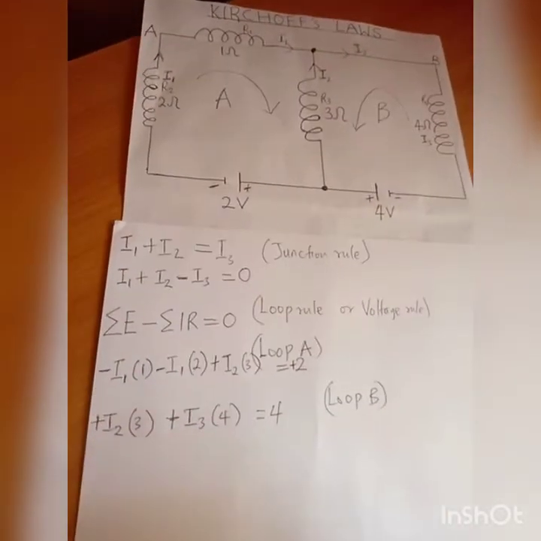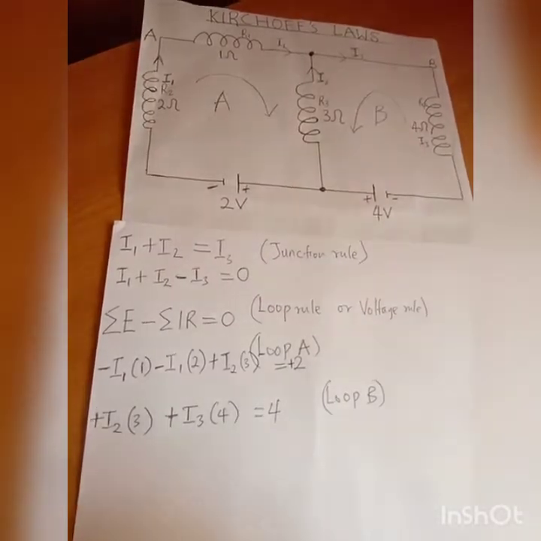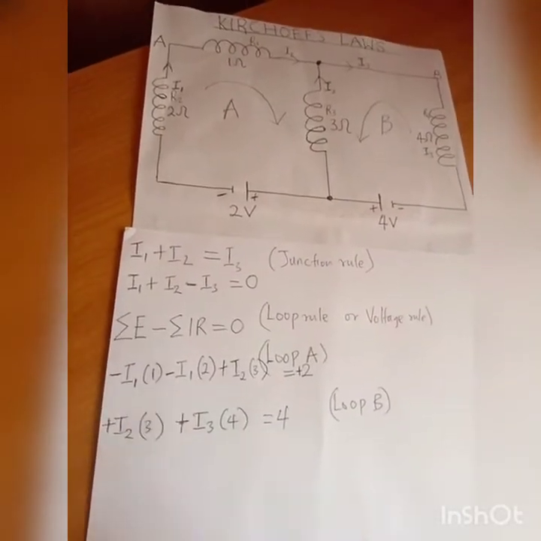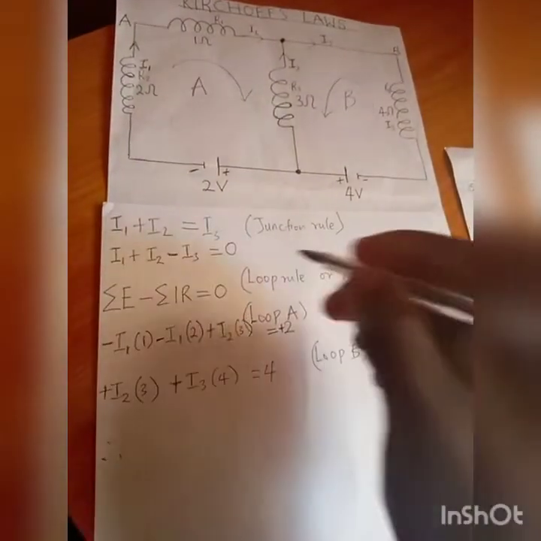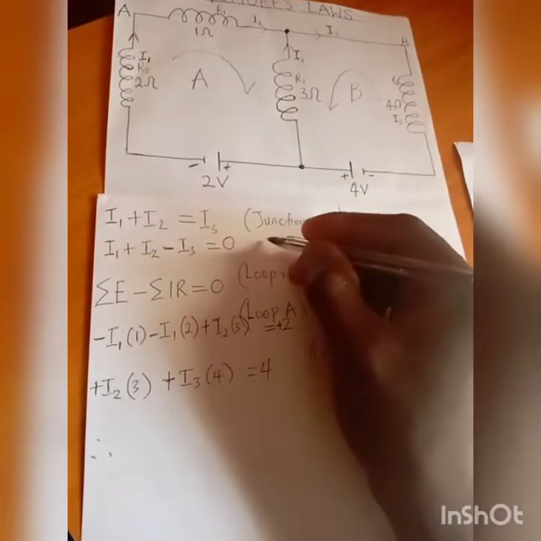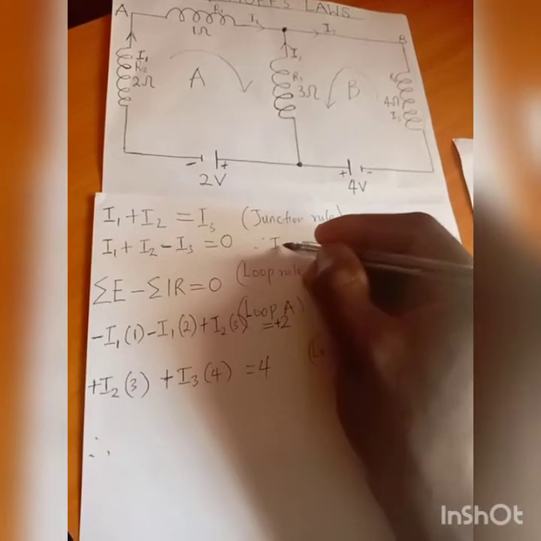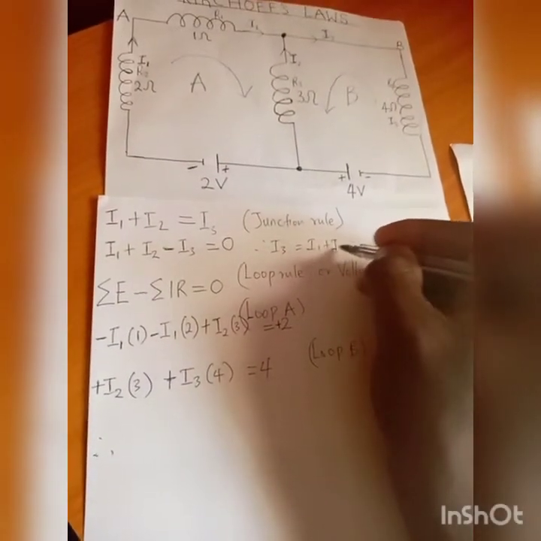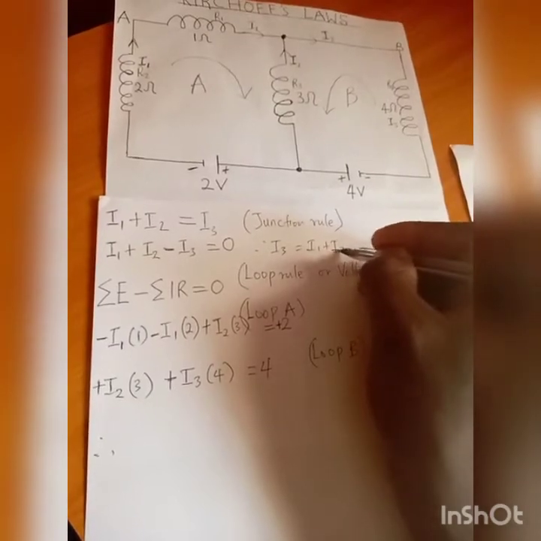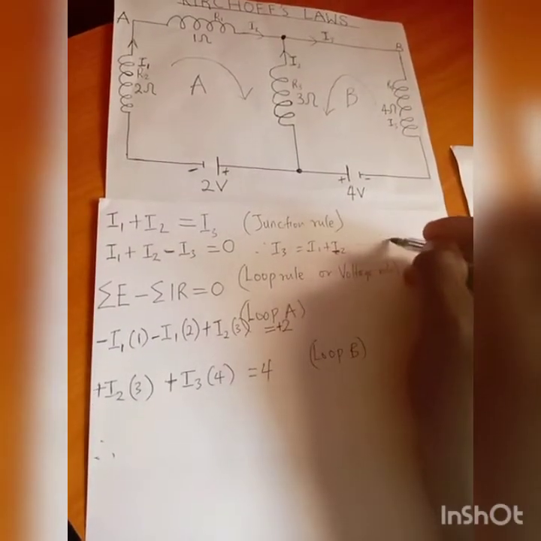Now, we have derived a lot of equations and we need to sort them out. We say, therefore, we have here that I3 is equal to I1 plus I2. Equation 1.